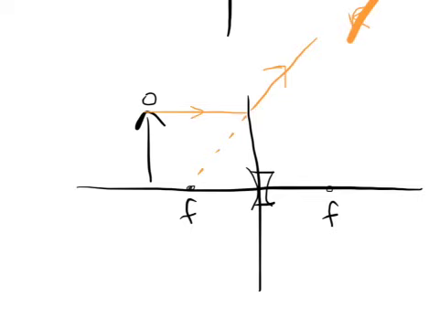Remember, the big deal about this is that parallel light rays will go as though they come from a focal point, and it works in reverse as well: rays that are headed towards the focal point, even if it's from the other side, will bend out parallel. That's part of the diverging nature. So in this case, if we aim for the focal point over here, that will now bend parallel and appears to come from a point over here.